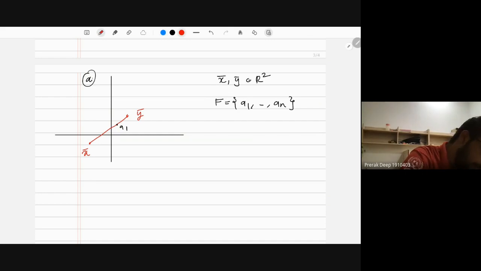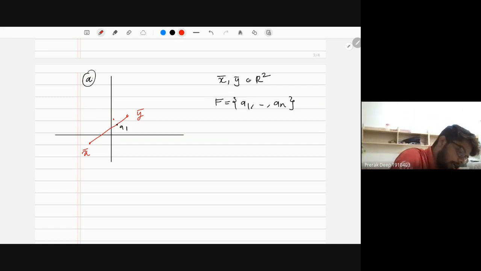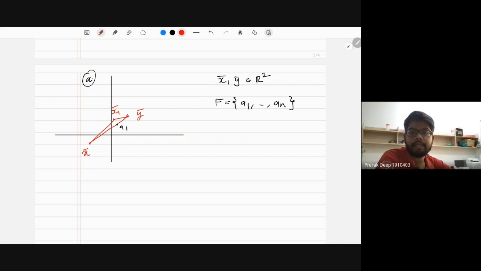You find another point which is not A1, let's say you call that point X1 bar. Then you join X bar with X1 bar and then X1 bar with Y bar.